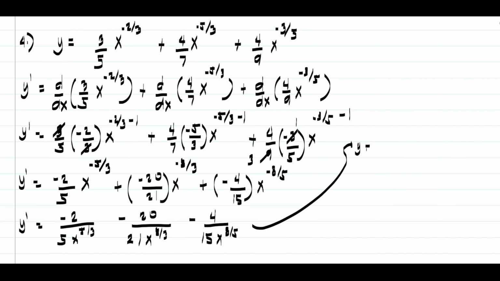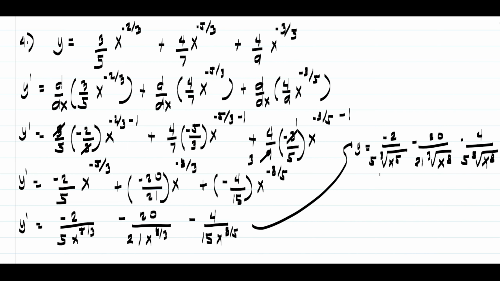So we have y prime equals negative 2 over 5 cube root of x raised to 5 minus 20 over 21 cube root of x raised to 8 minus 4 over 5 fifth root of x raised to 8.